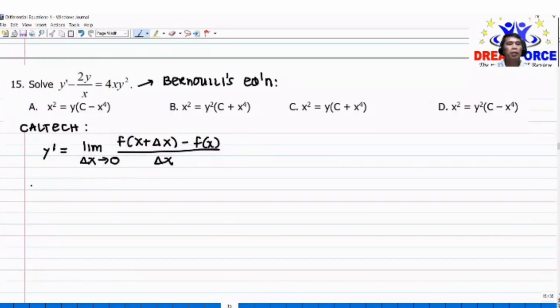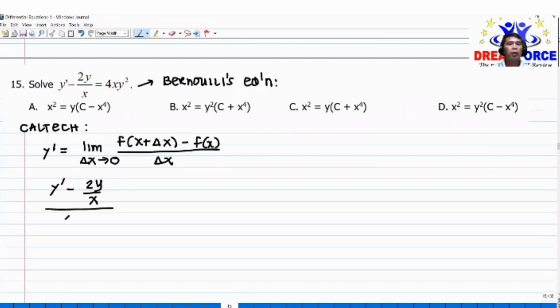So, ganito yung gagawin natin. Sa letter A, yung equation natin dito, yung given differential equation, y prime minus 2y all over x.